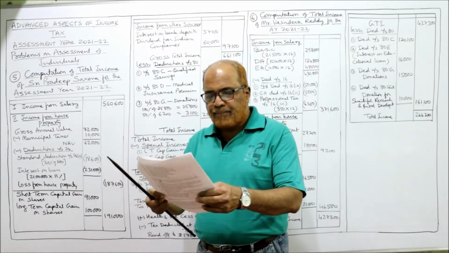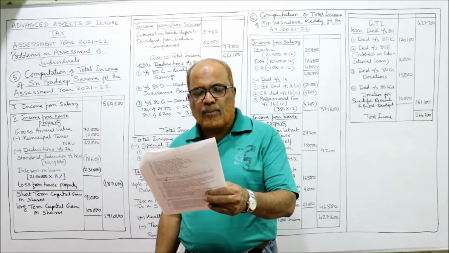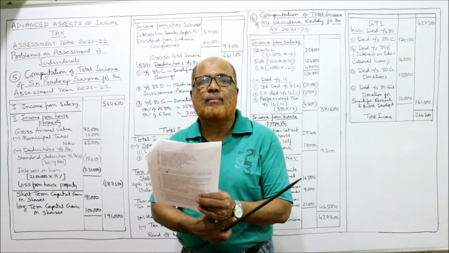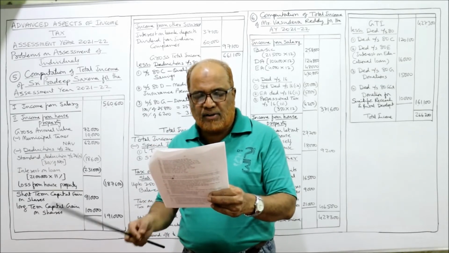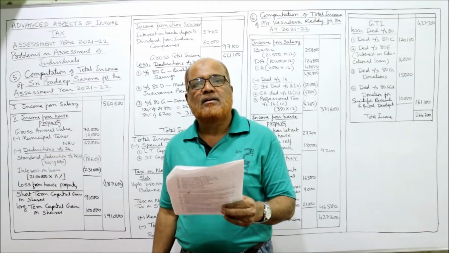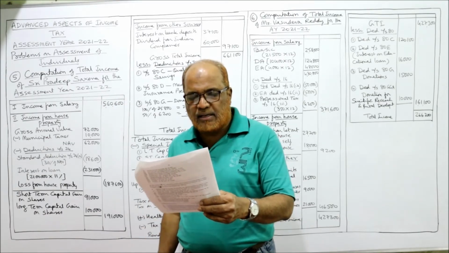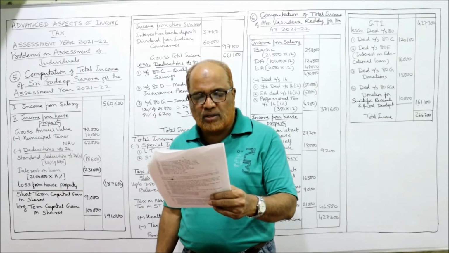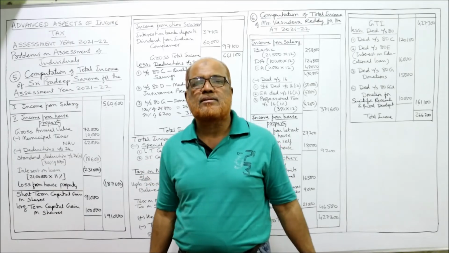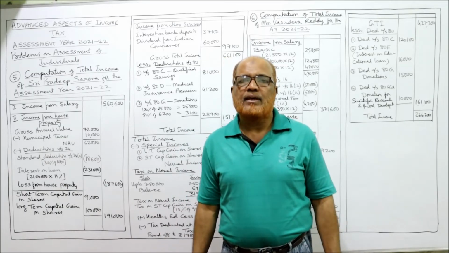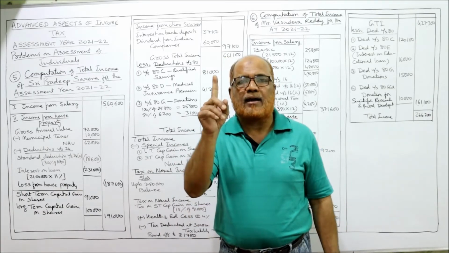Then the next one is income from interest on bank deposit. Interest on bank deposit is taxable under income from other sources. Then dividend from Indian companies, that is also taxable under income from other sources. Long-term capital gain on sale of shares and short-term capital gain on sale of shares. Actually, long-term capital gain on equity shares is exempted up to rupees 1 lakh.